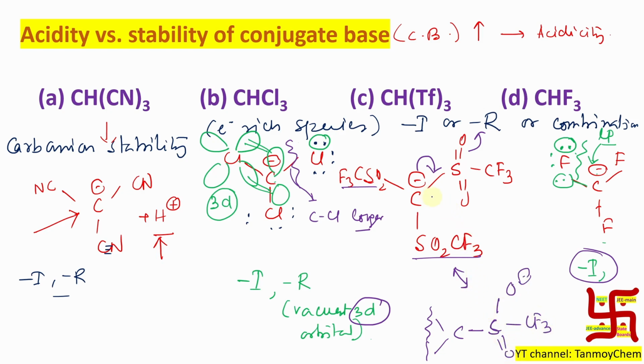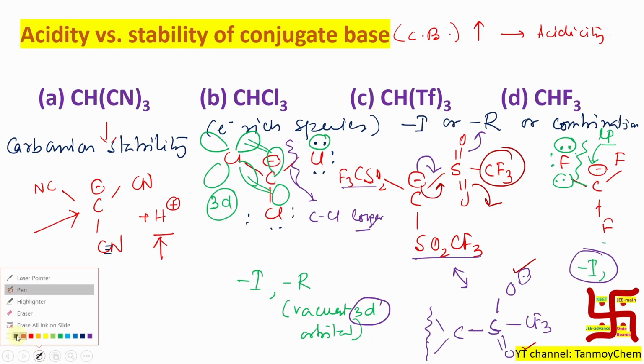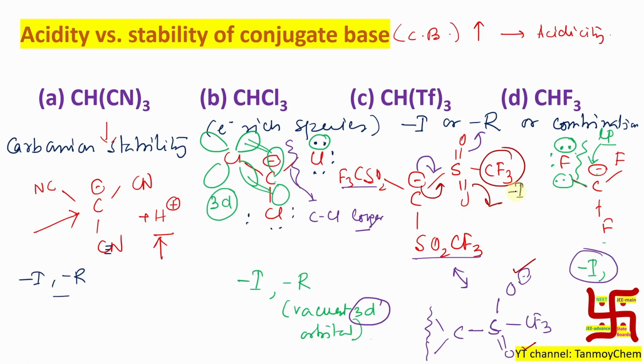Now not only that, even this negative charge, you can see here, it could be donated here, it could be open. So there are two equivalent canonical forms. Not only that, there is a CF3 group which is a very strong electron withdrawing group, or minus I effect showing group, and we know the minus I capability of CF3 is just in between fluorine and chlorine.